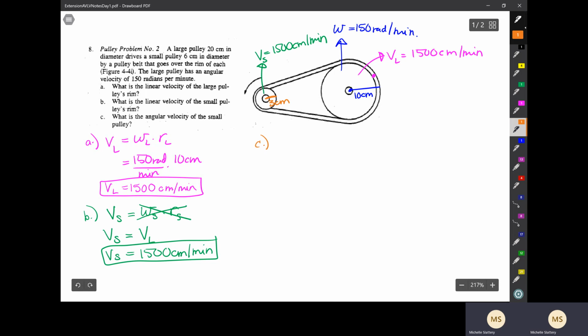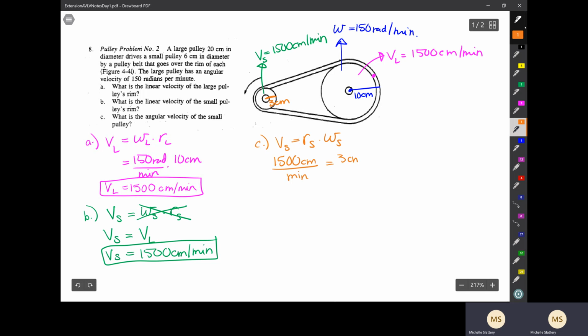All right, continuing on with part C. What is the angular velocity of the small pulley? Well, I know the linear velocity of the small pulley, and I know the relationship between linear and angular. So the linear velocity of the small is equal to the radius of the small times the angular velocity of the small. My linear velocity is 1,500 centimeters per minute, and you always want to make sure that your units match.